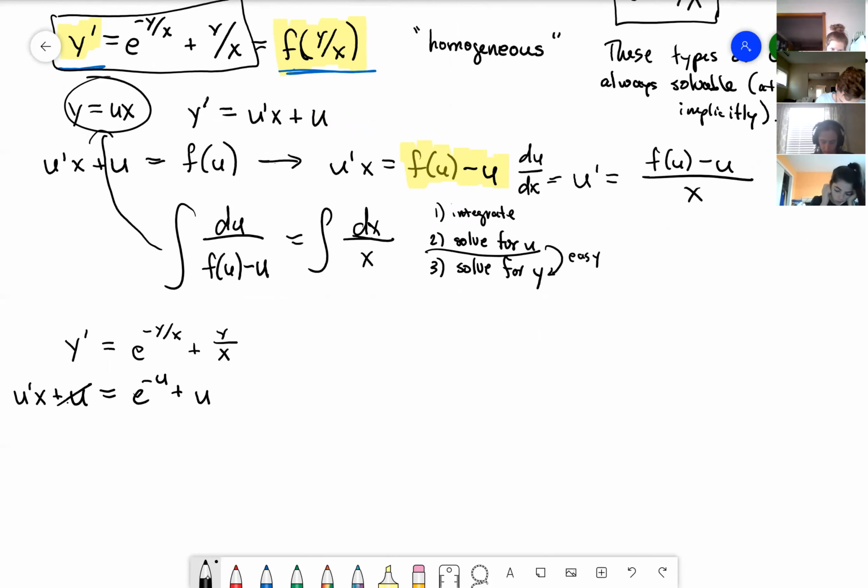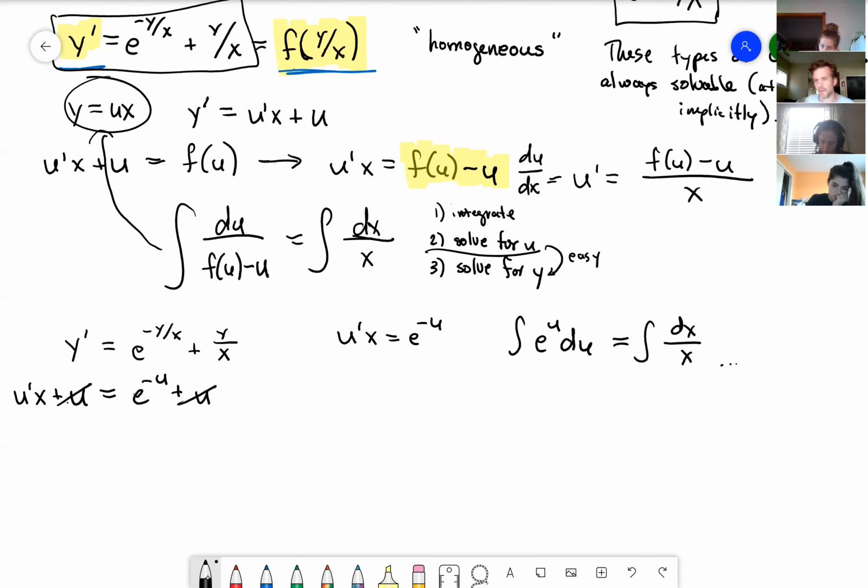So we can cancel out the u's on both sides, and we're left with u prime x equals e to the minus u. And we can, of course, rewrite this as the integral of e to the u du equals the integral of dx over x. And we know how the rest of that goes.